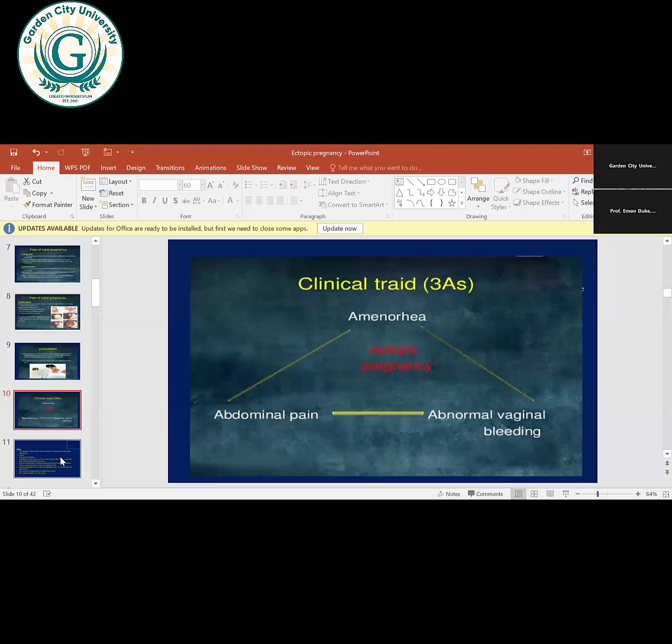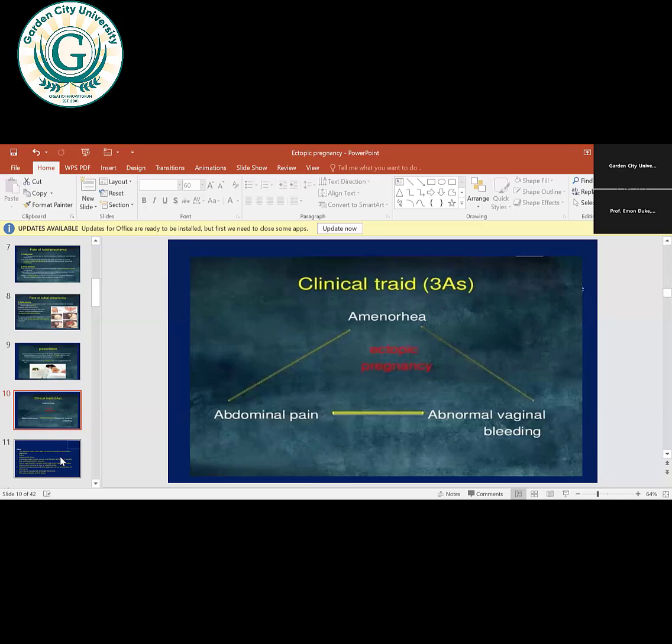But if you use this triad, you can be confused because you begin to ask yourself, what is the abnormal vaginal bleeding? You don't need to confuse yourself.